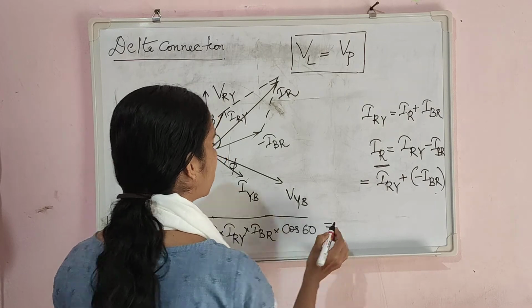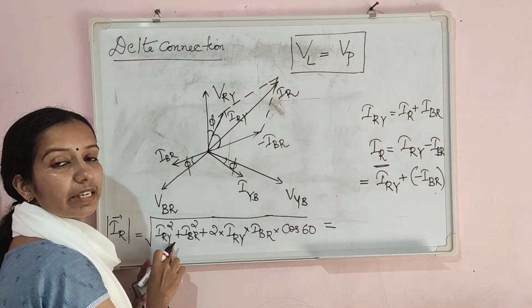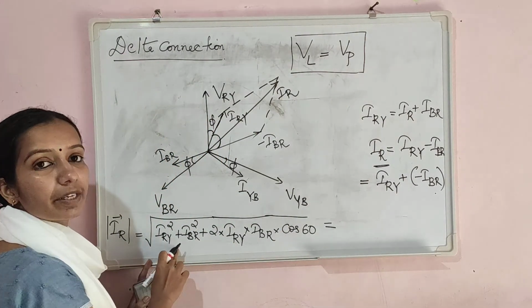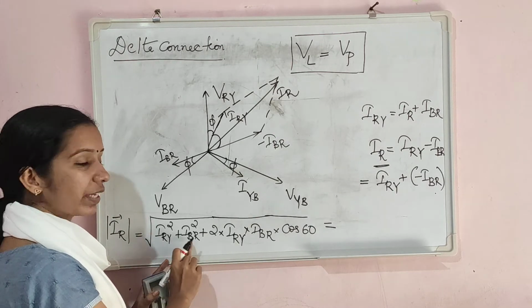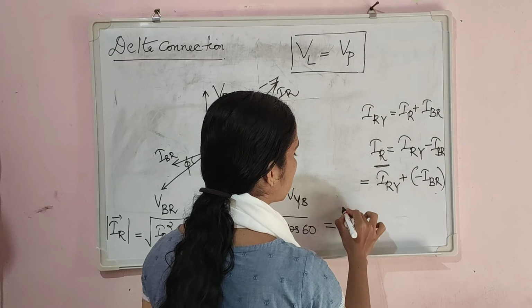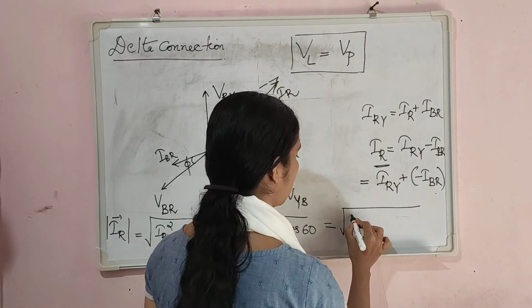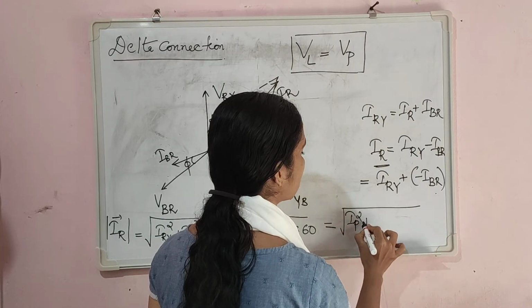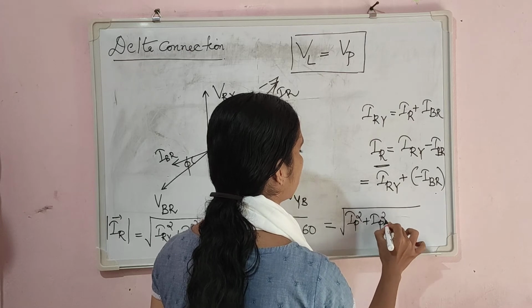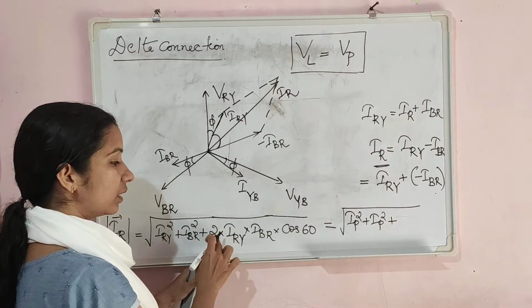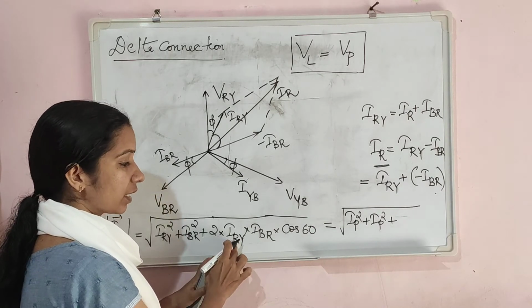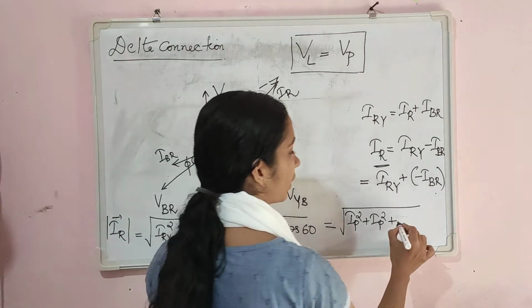IRY is our phase current, so this can be replaced by IP. IBR is also our phase current, can be replaced as IP. So this becomes square root of IP square plus IP square plus 2 into IP into IP into cos 60, which is 1 by 2. So the 1 by 2 and this 2 get cancelled.